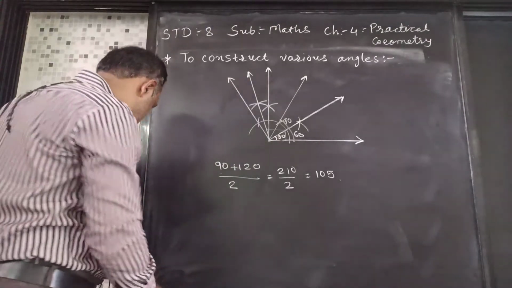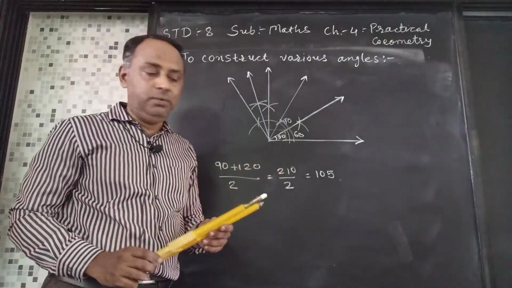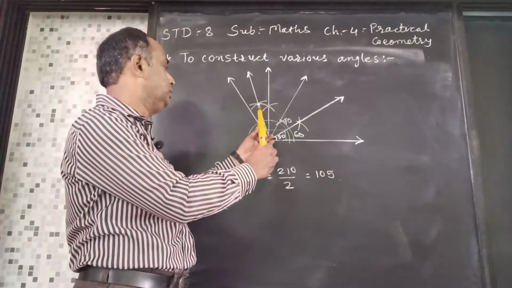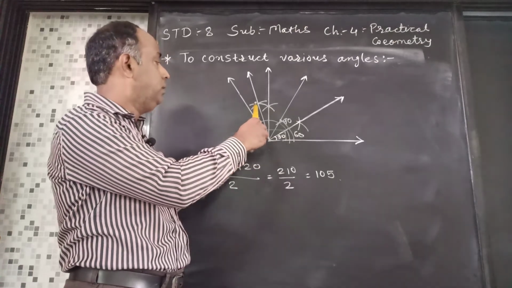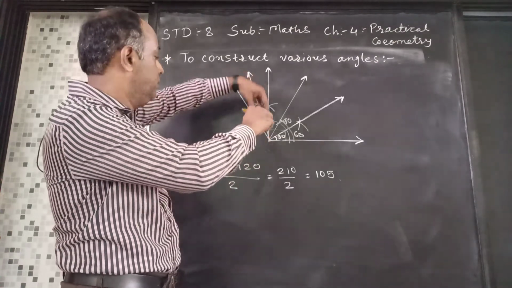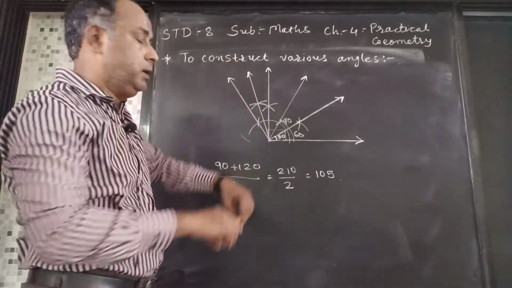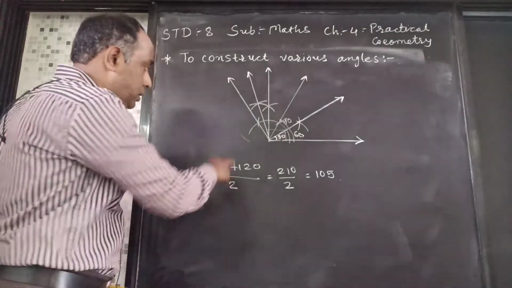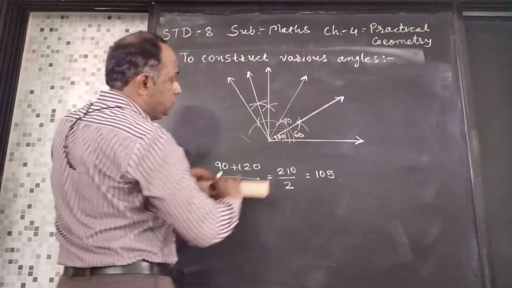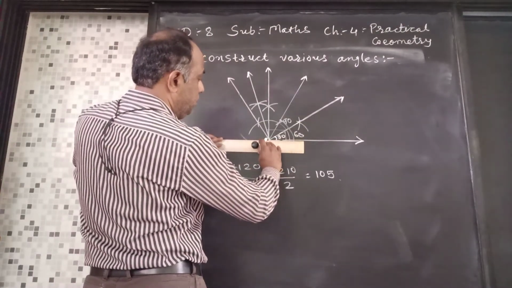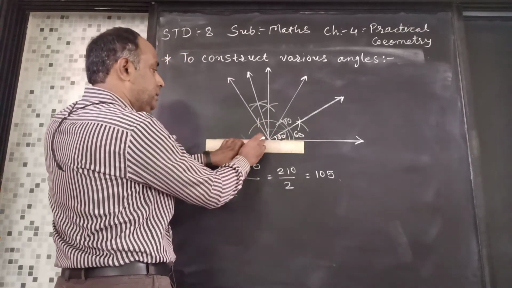Friend, one more thing I would like to draw your attention to. As I have kept the radius same, now from 120, suppose, just adding something more to your knowledge, at 120 if I keep the pointer part of a compass and mark like this, then what is going to happen, you know, it will be marked over here where I will actually draw the opposite ray and complete a line like this.